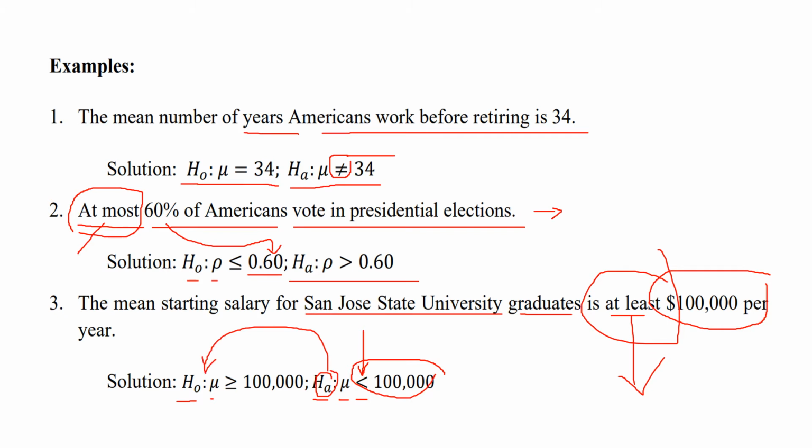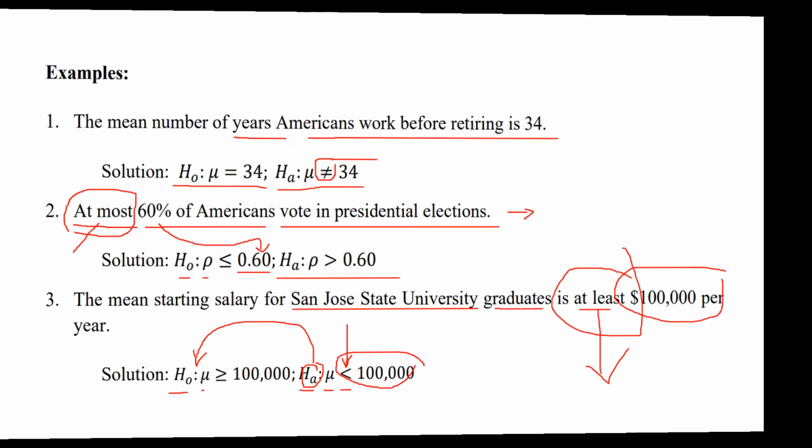If we assume that your population mean is greater than or equal to 100,000, then our alternative hypothesis is your population mean is less than 100,000. That is the opposite of your null hypothesis.